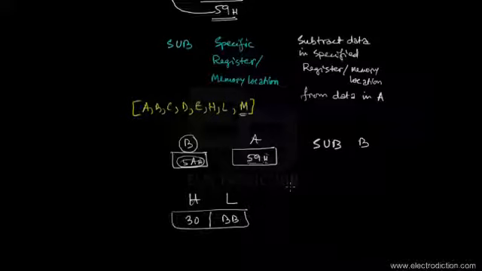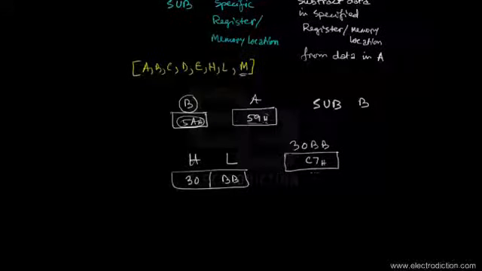And let's say that in the memory location 30BBH there is a particular data, a simple data, that is C7H. Now we want to subtract this data from the accumulator data content, which is currently FFH.